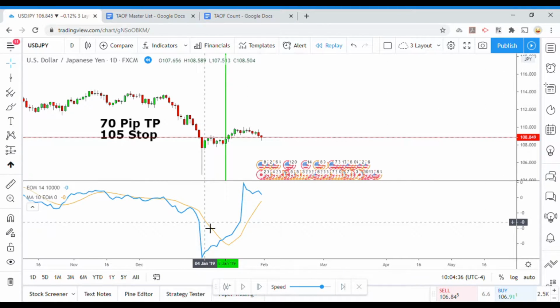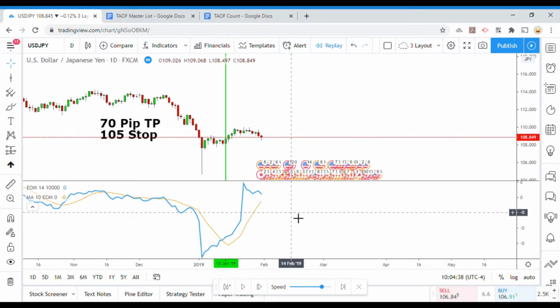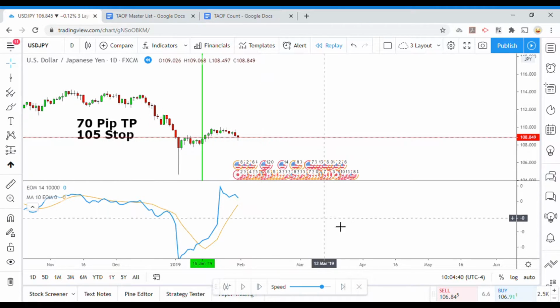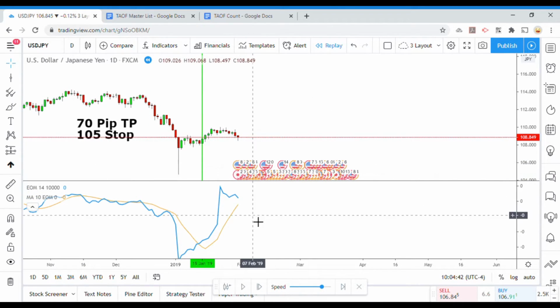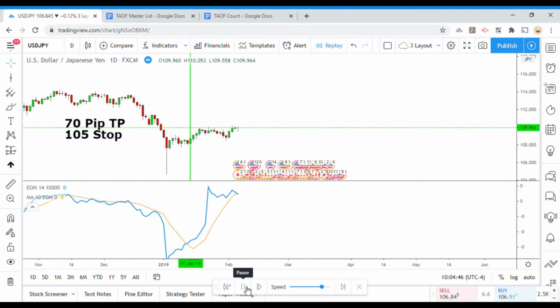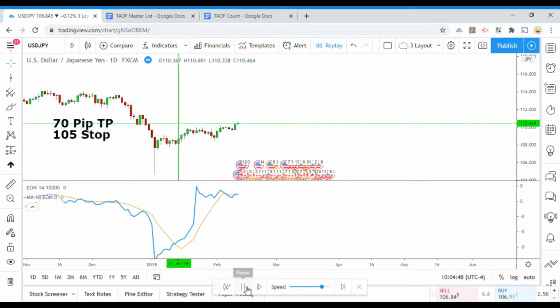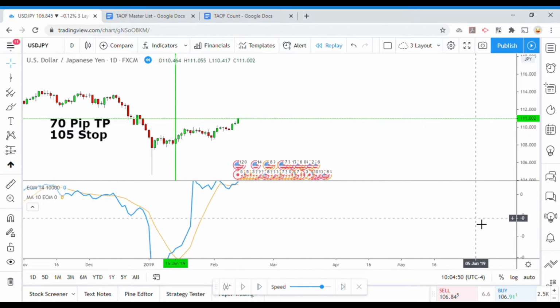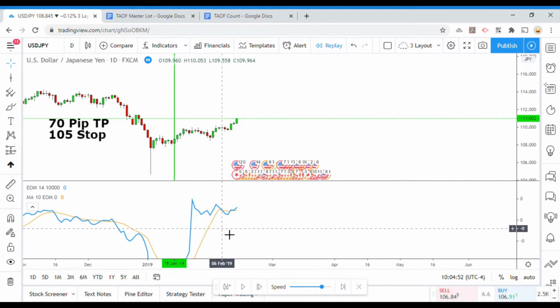Some indicators it creates complete chaos with for a good couple weeks, and some of them, like this one, seem to recover rather quickly with little or no problem. So keep that in mind when playing around with indicators.